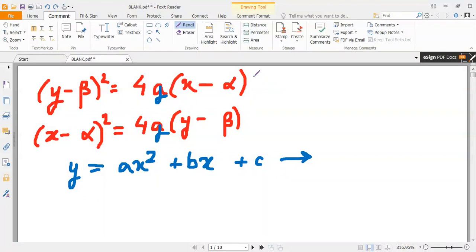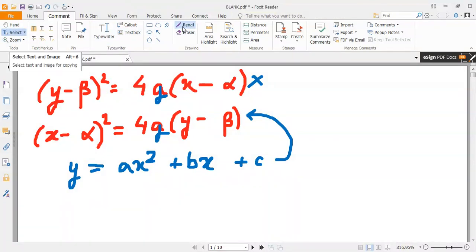So this form of parabola is out of the question, which means I have to convert the quadratic equation into this form, such that x is raised to the power 2. You see, x is raised to the power 2 in this expression, and also in this expression. So I have to convert this equation into this form, x minus alpha whole square equal to 4g times y minus beta.